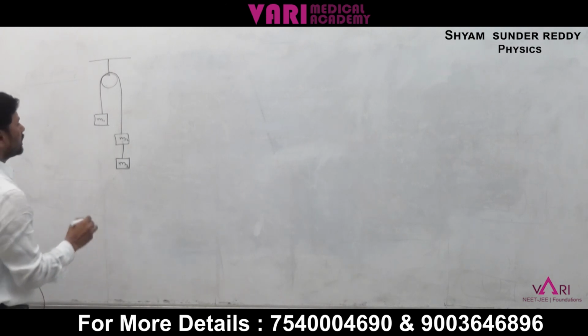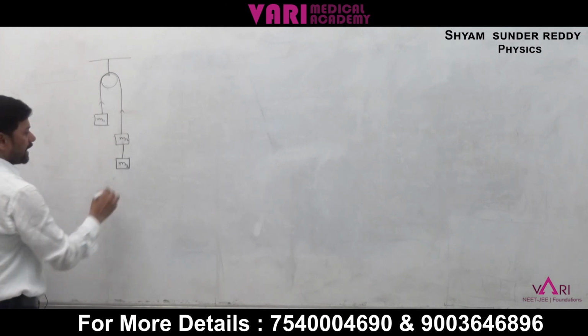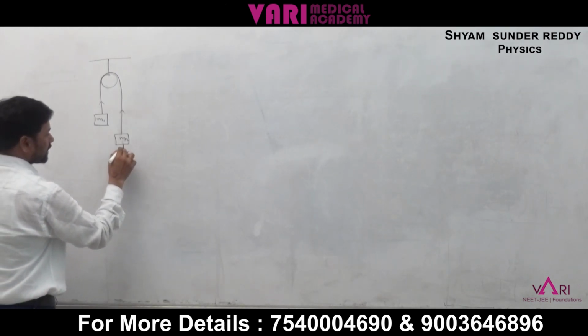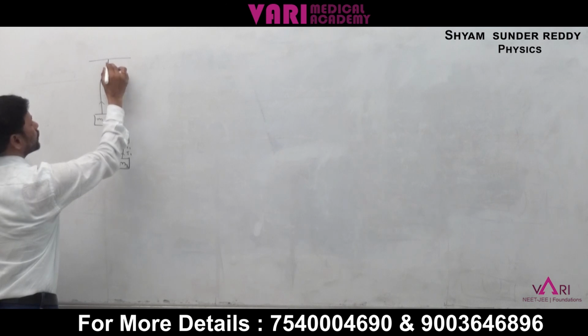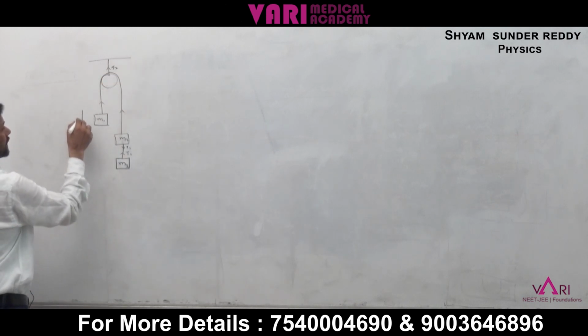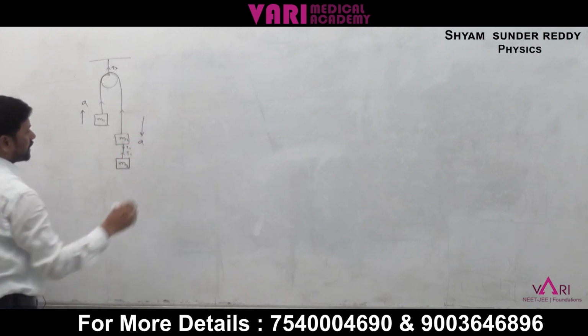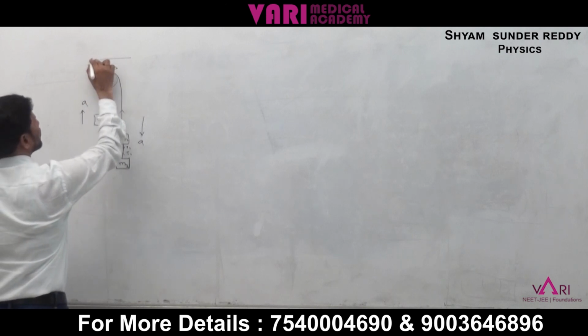Then find the tension. This is T. Here the string is changed, take as T1. And this is one more string, tension T2. Acceleration a in upward direction, and here it is downward direction.